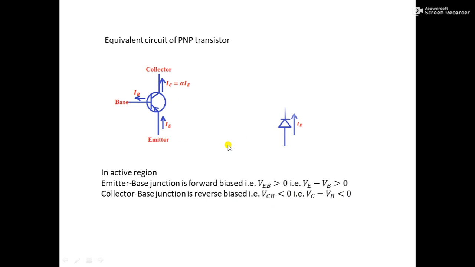And the equivalent circuit of a PNP transistor we can draw like this. Since the current is flowing from the emitter to the base, the diode is in this direction. So, the current IE flows from emitter to base, and the collector current IC is equal to alpha IE, where alpha is very nearly equal to 1, so that we get IC nearly equal to IE, and IB must be very less.